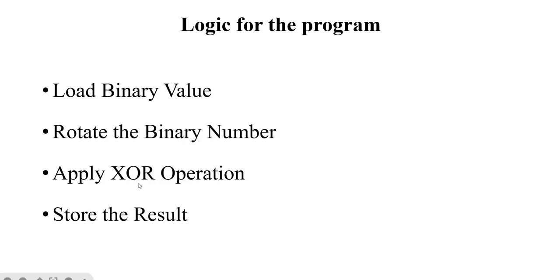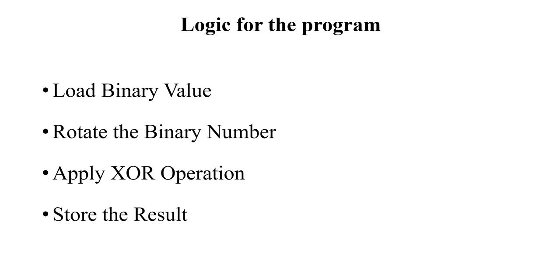The next step is applying the XOR operation. So here we'll be using the XRL A comma B instruction, which performs a bitwise XOR between the rotated value which is in the accumulator and the original binary number which was saved in the register B. Here the MSB remains the same since it is XORed with 0.